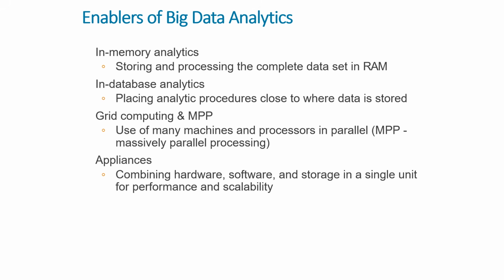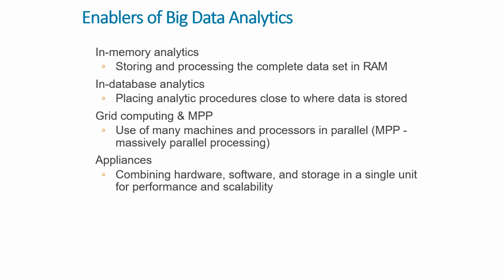Now we are discussing the enablers of big data analytics: in-memory analytics, in-database analytics, grid computing, and also appliances. So where is it helpful? Of course, this provides you a different way. Enabler means how you can get the benefit.